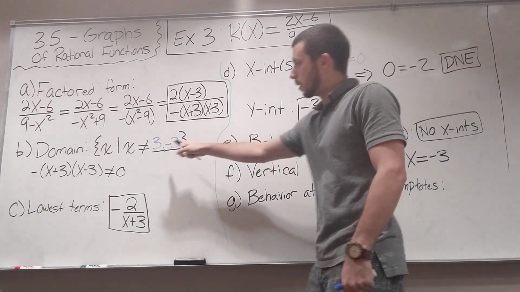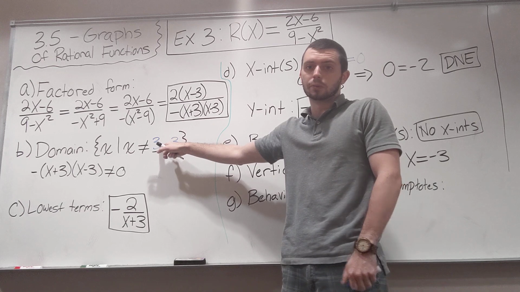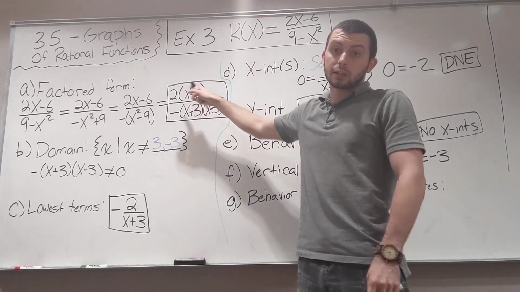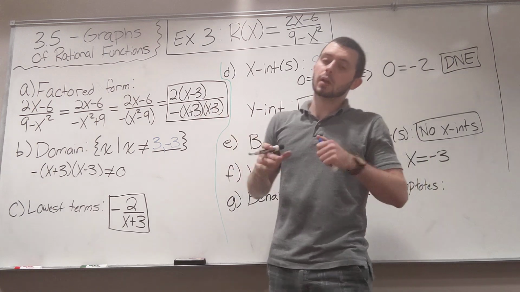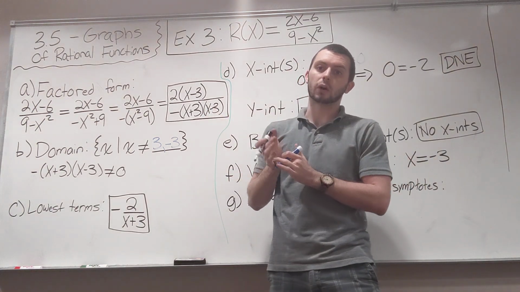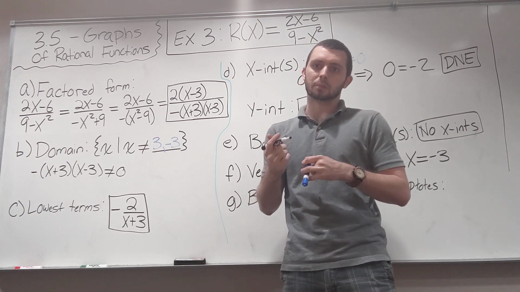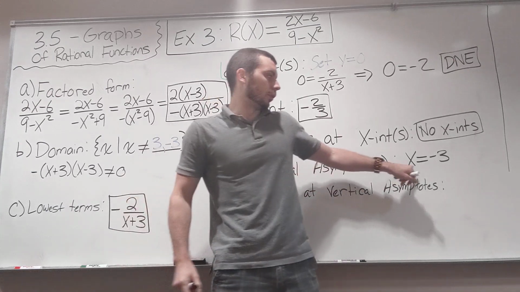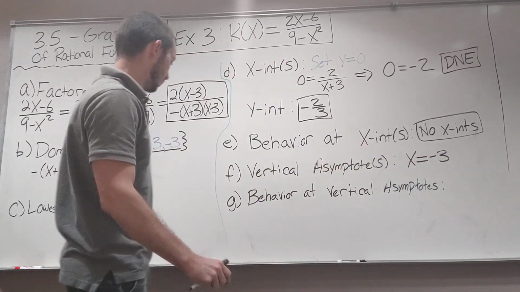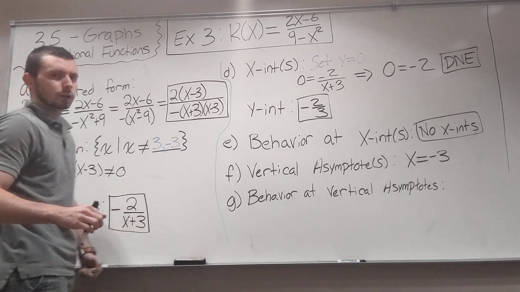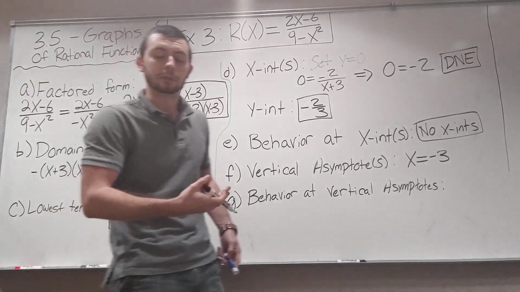And the reason why +3 is not involved is because the factor corresponding to +3 canceled out. So again, whenever a factor cancels out, the corresponding number will not be a vertical asymptote. So notice the -3 number came from here, which did not cancel out.